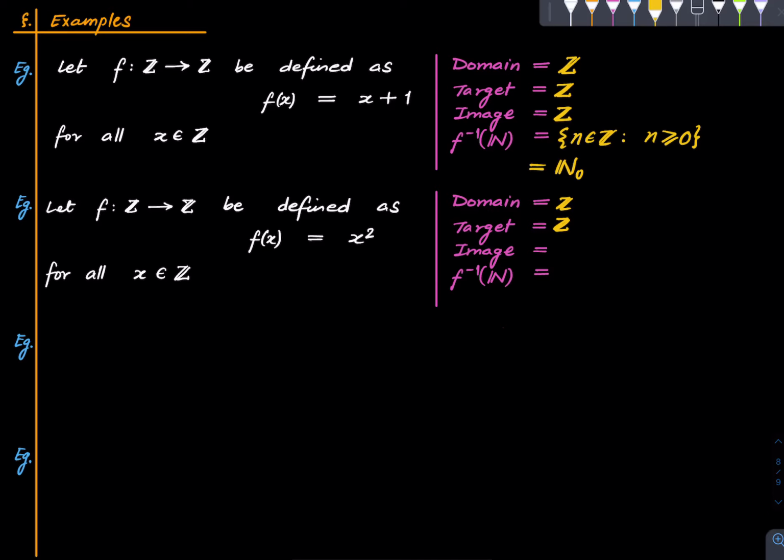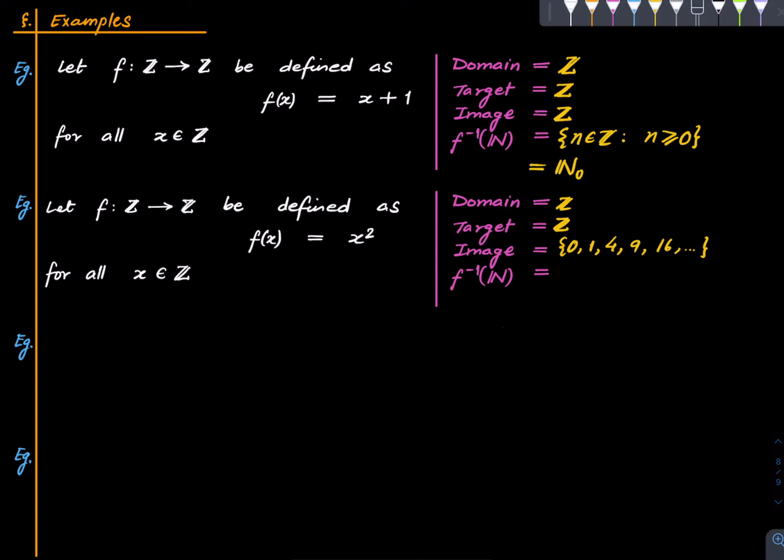The image. Image is all the possible perfect squares that you can get. So the image is, one way to write is n squared, n in N0, but that's cheating. I mean, there's nothing wrong with what I wrote, but maybe more informative is the roster form in this case. So this is what the image is. And now the question is, what is the preimage of all the natural numbers?